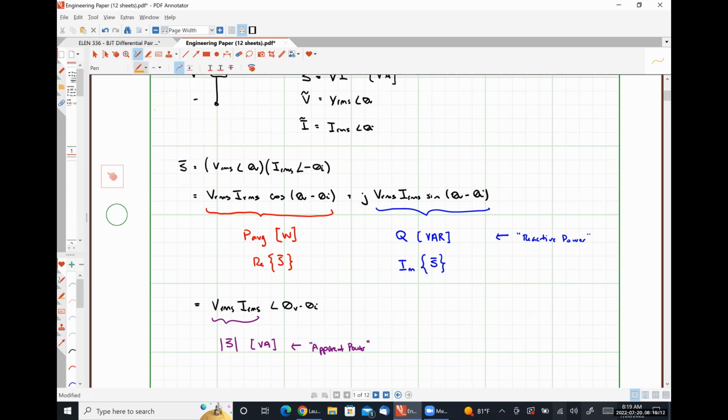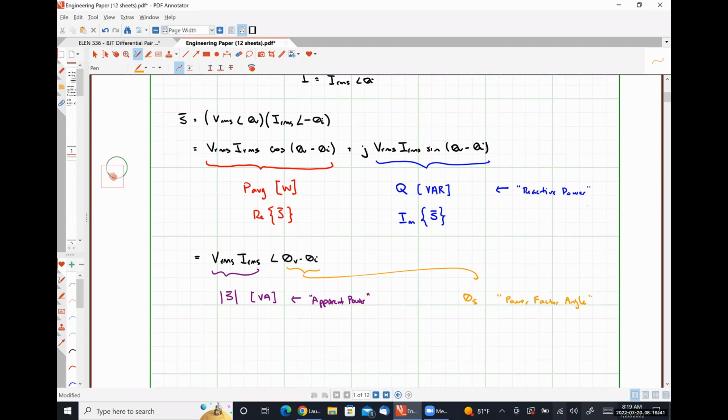I'm running out of space here, but we have this bit as well, the angle, which we'll more commonly call theta S, or the power factor angle.